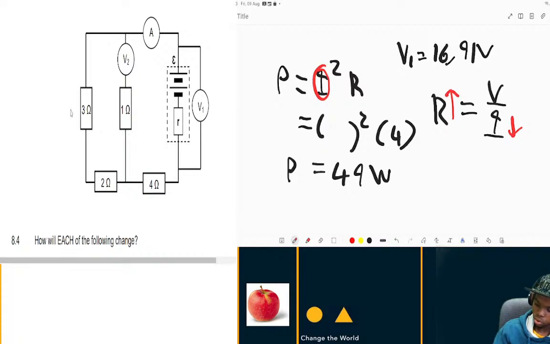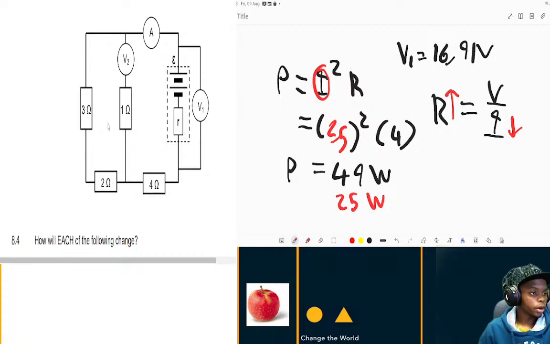So let's put it to 2, and watch what will happen to our power. We now have 25 watts. So you can see what happens to our power already. Our power goes down.